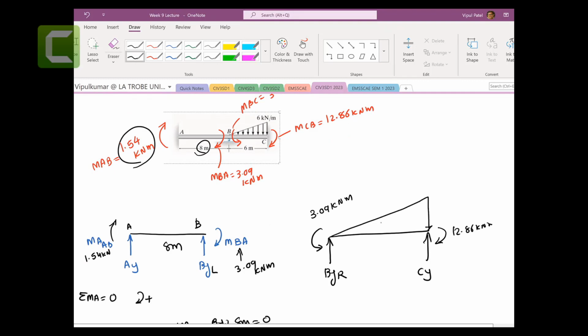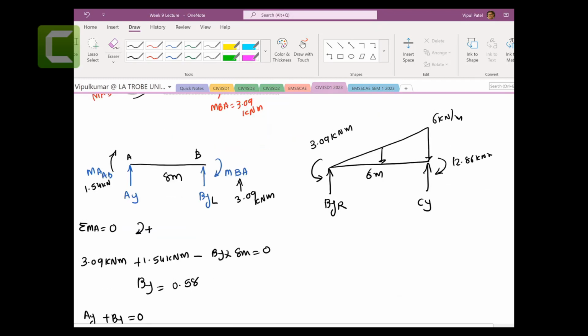And you have loading of 6 kilonewton per meter, and that was 6 meters. Similarly, we can do sum of the moment, let's say B and C. Sum of the moment at B equal to 0. Let's say clockwise positive. So this one minus 3.09 kilonewton meters anti-clockwise plus 12.86 kilonewton meters, these moments.